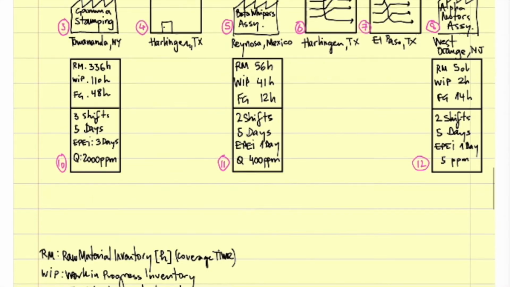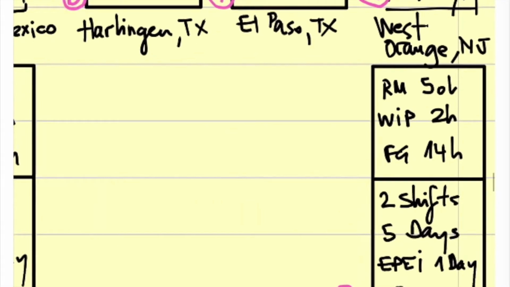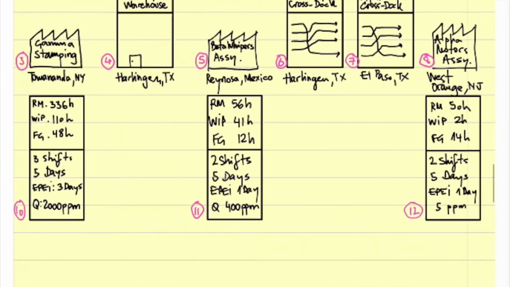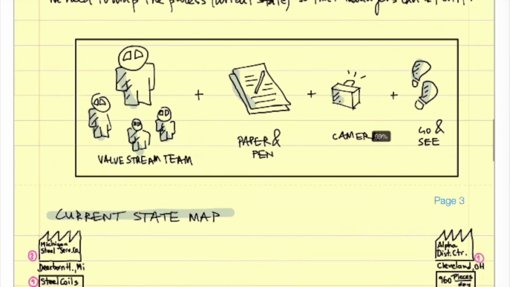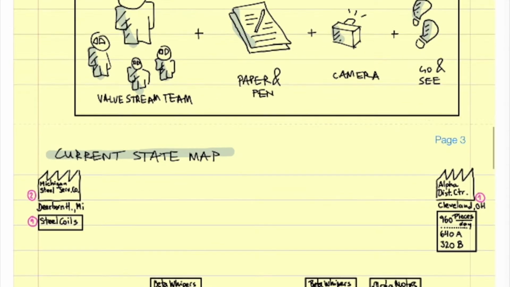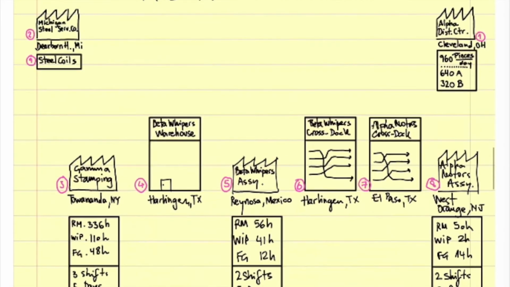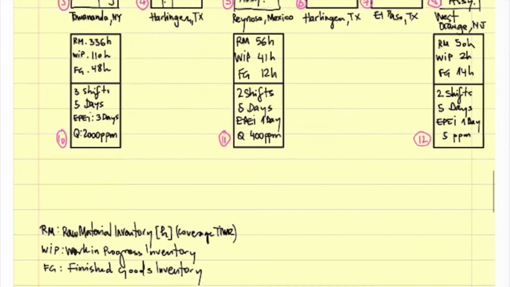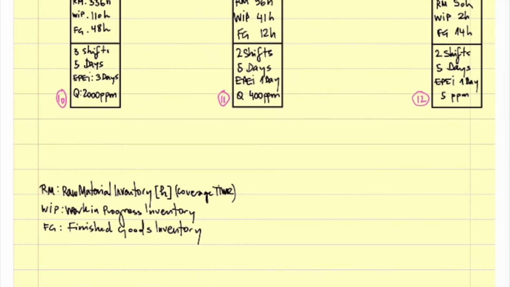So when you have taken your data in your value stream walk, with paper and pen and the camera and so on, nobody is going to have this information in this manner. Okay, so you are going to be walking around the facility.